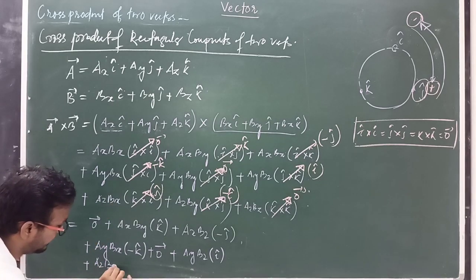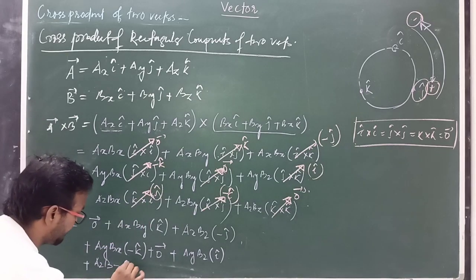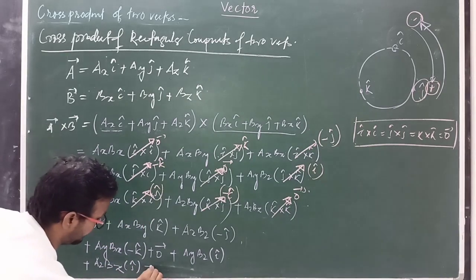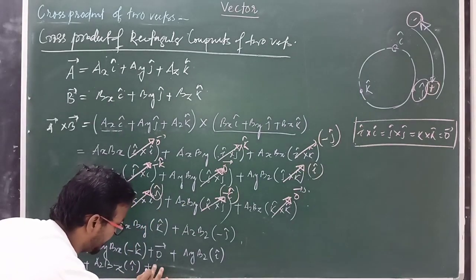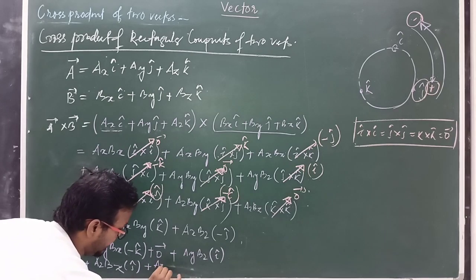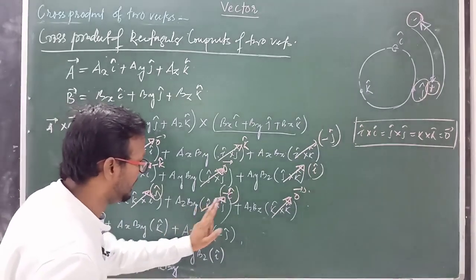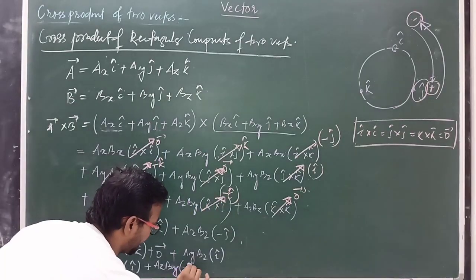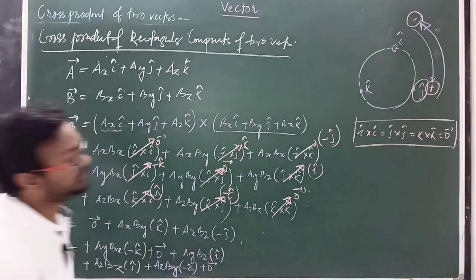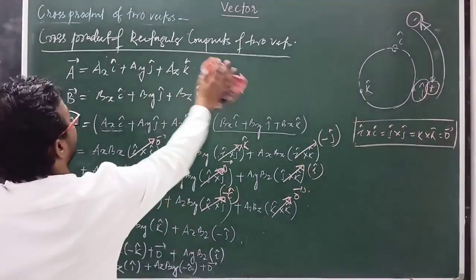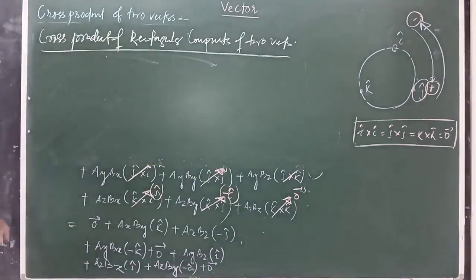So az bx j cap, plus az by minus i cap, and the remaining term is here 0. Better. Clear? Now if you solve this relation, then we will get how much?